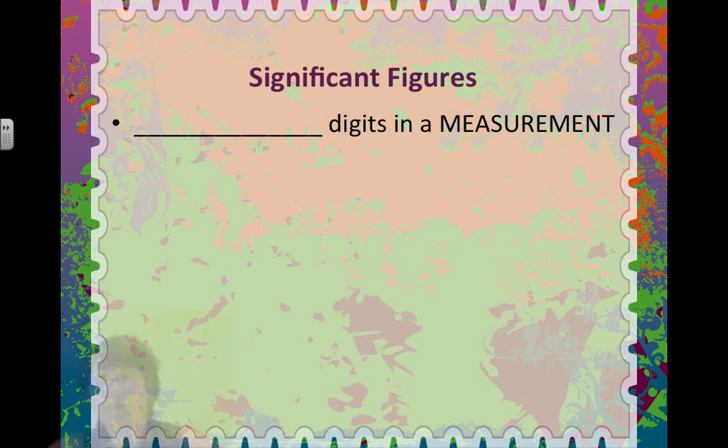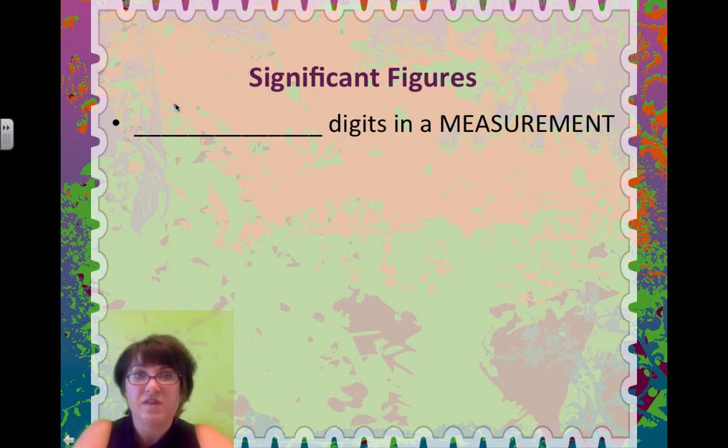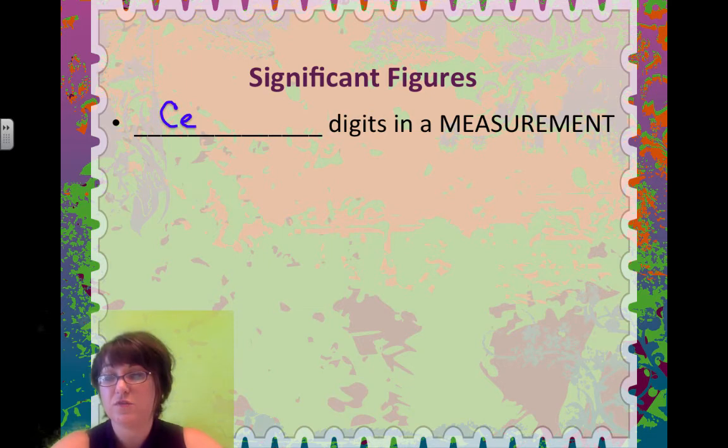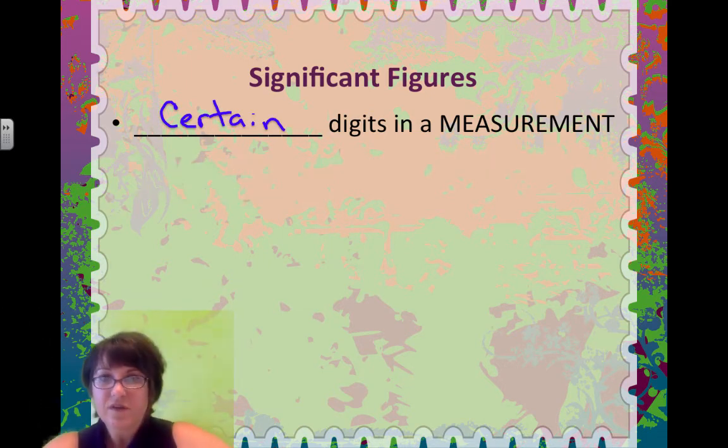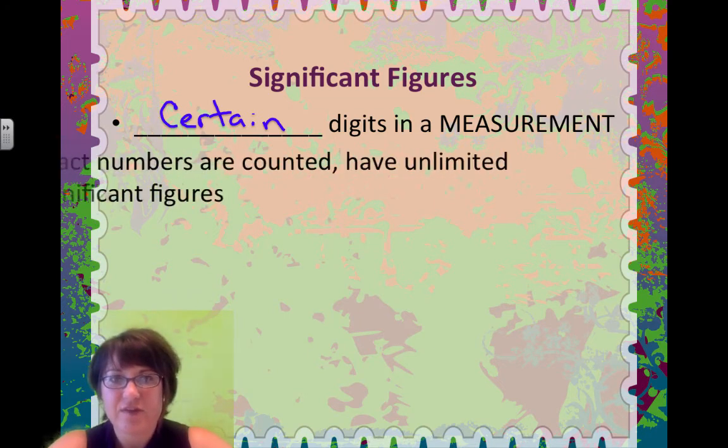Sig figs. Before we go any further, let's talk about this. Sig figs basically expresses how many digits you get to have in a measurement that are certain, that you know for sure are true. So where the markings are on your instrument, those give you certain digits. And we're going to get into that a little bit more when we talk about precision and accuracy.